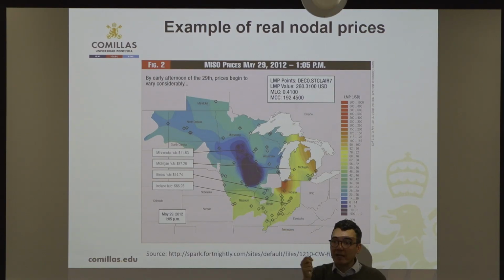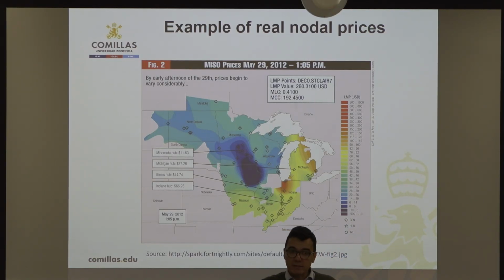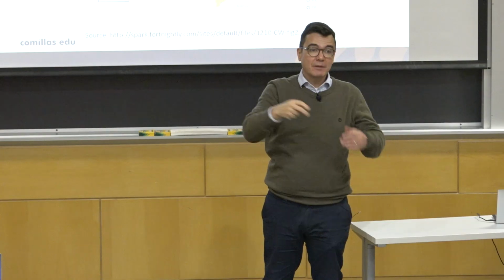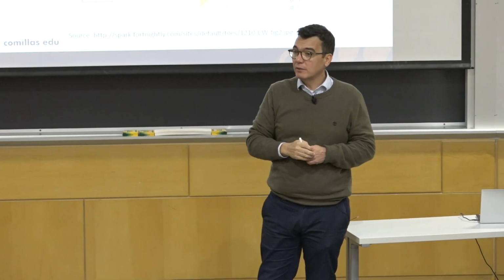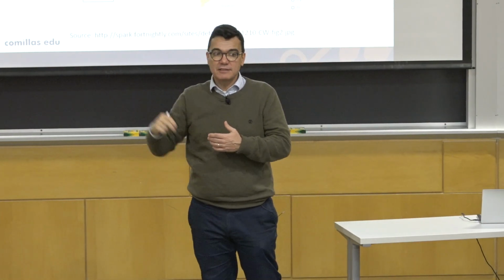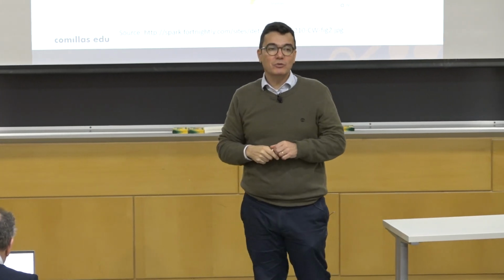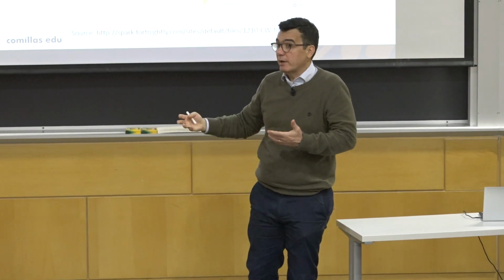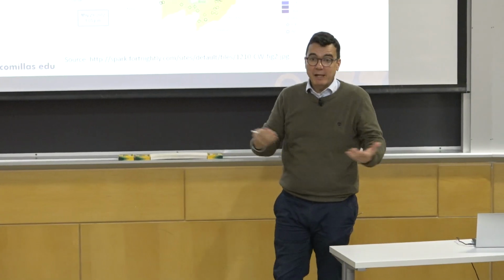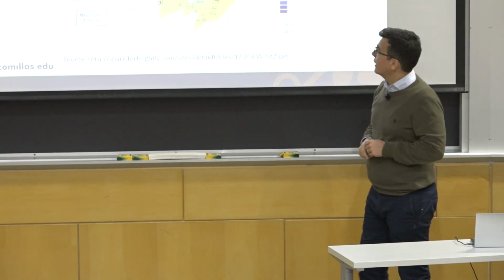Why? Because extracting 1 megawatt in one node has a cost that is not the same depending on where you are, because you might be congesting some lines that prevent you from using cheap generation and you need to use expensive generators, while in other places you might be helping the system to be more alleviated.